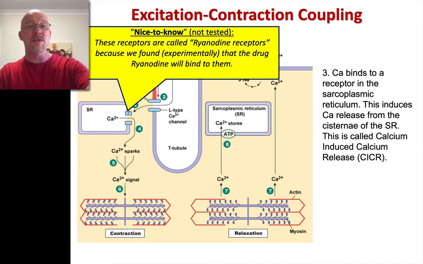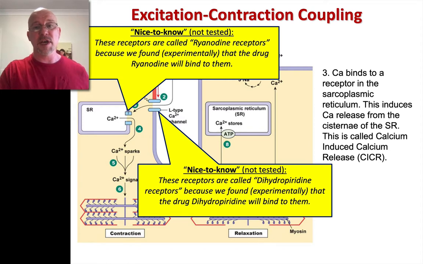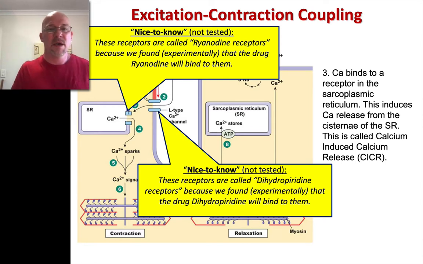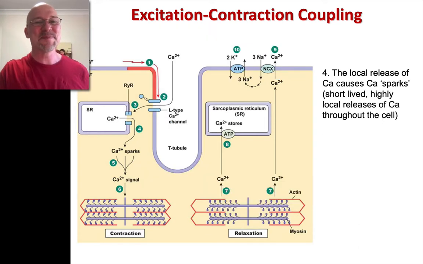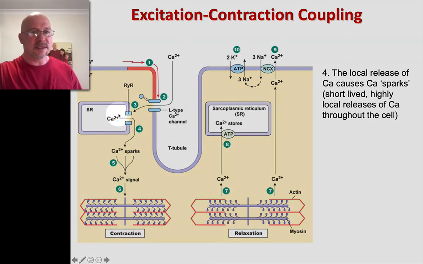And similarly, these L-type calcium channel voltage-gated channels are called dihydropyridine channels or receptors, because dihydropyridine is a drug that will bind to them experimentally. So yeah, you don't need to know that, but if you're kind of keen, you like to geek out, then go ahead, go deep.